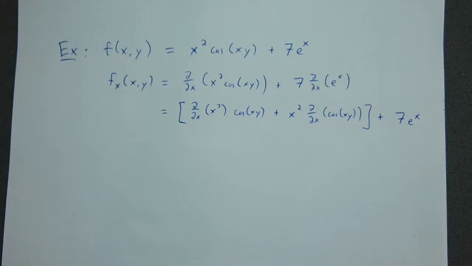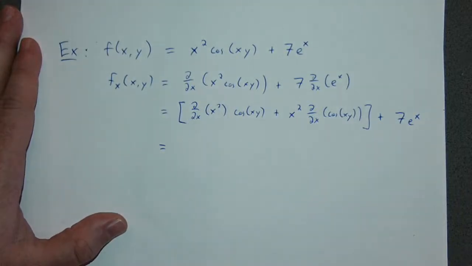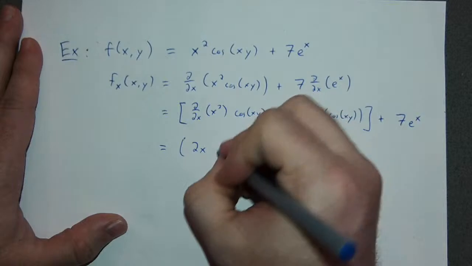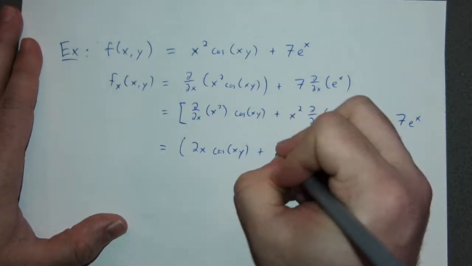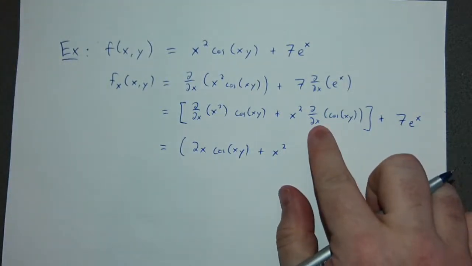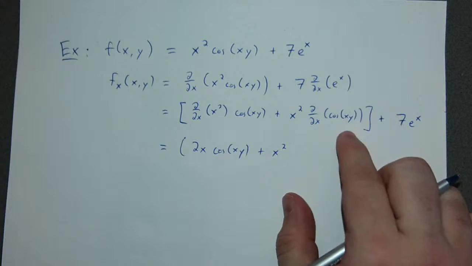So, continuing forth here, the x partial of x squared is 2x, of course, so this is 2x times cosine of xy plus x squared times the x partial of cosine of xy, where we're treating y as a constant.